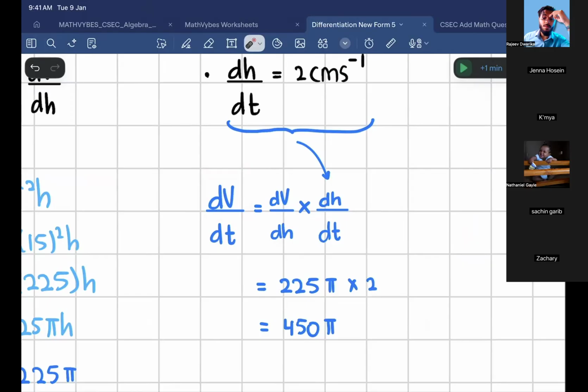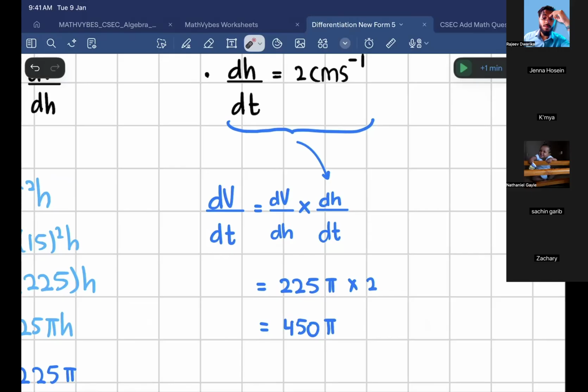A cube. Centimeter by centimeter by centimeter is centimeter cube. So we measure volume in cubic units. If we're measuring a length in centimeters, then volume would be centimeters cube.